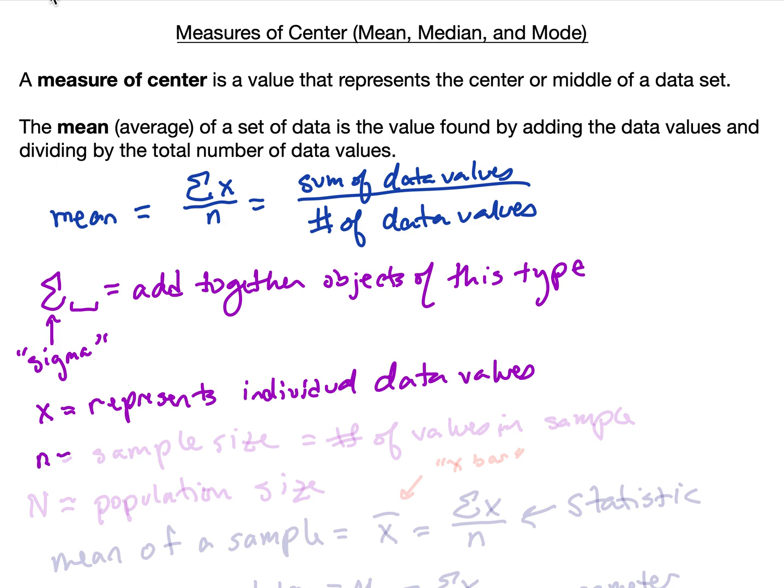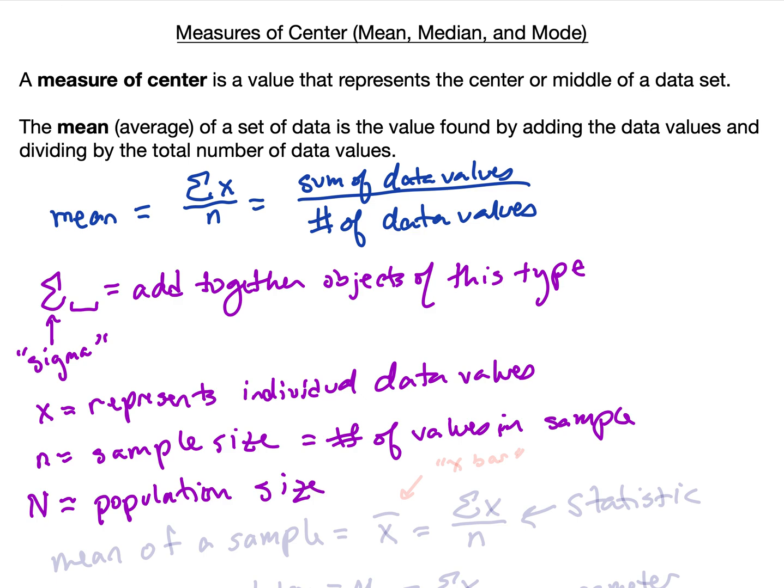Lowercase n usually represents the sample size, or the number of values in a sample, and uppercase N, which we don't see above, is the population size, the number of values in a population.